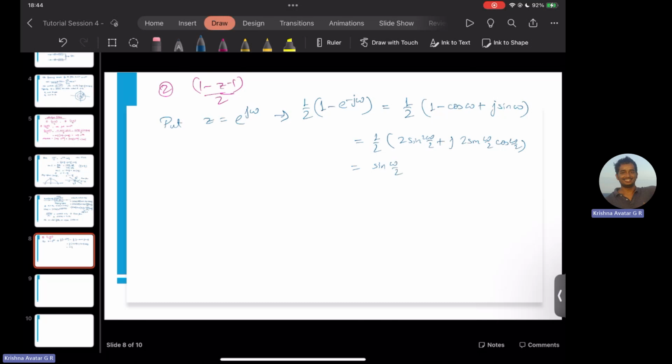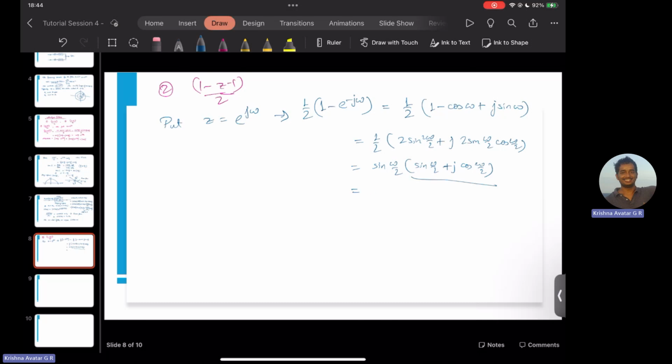Sine omega by 2 will be common, and then you have sine omega by 2 plus j cosine omega by 2. Now, this expression here, the entire expression within parenthesis, doesn't exactly match what we would expect for the direct application of the Euler's expression, right?